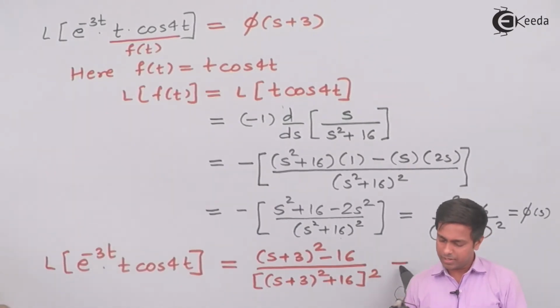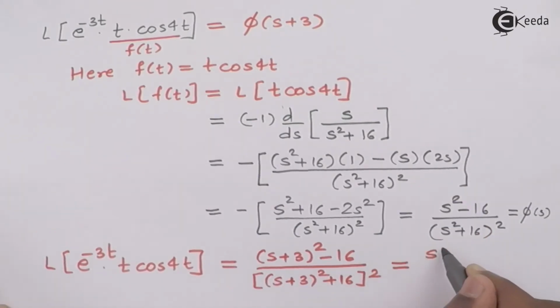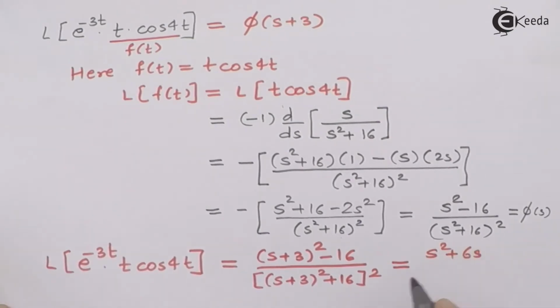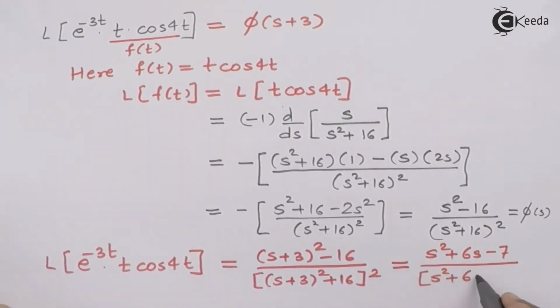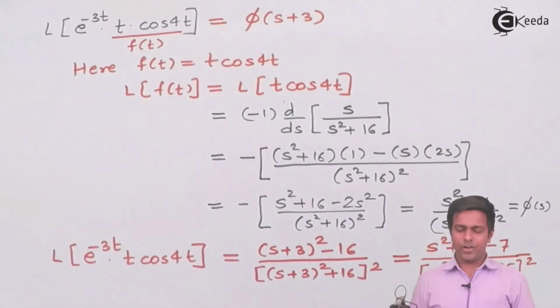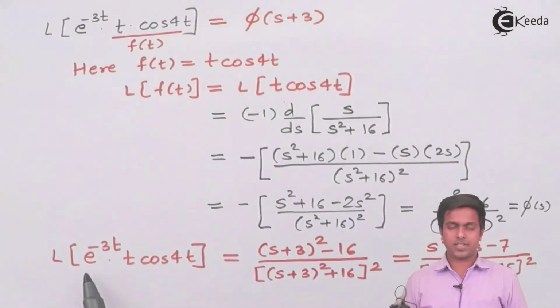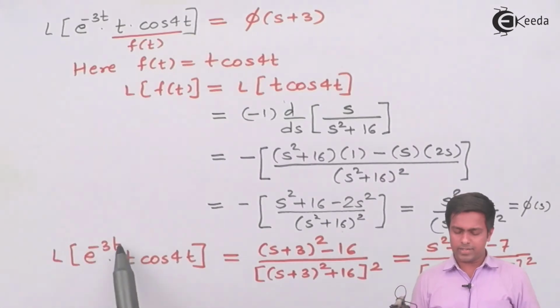So this is nothing but s square plus 6s plus 9 minus 16, so minus 7, upon s square plus 6s plus 9 plus 16, that is plus 25, the whole square.